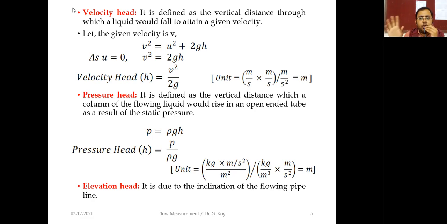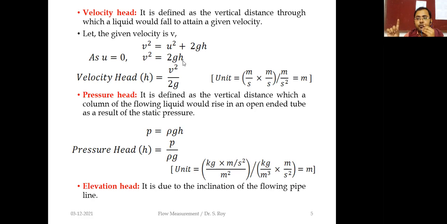We know the formula v square equals u square plus 2gh, where v is the final velocity, u is the initial velocity, and h is the height. To attain the given velocity v, the initial velocity is 0. So if I put u equal to 0, we get the equation v square equals 2gh.